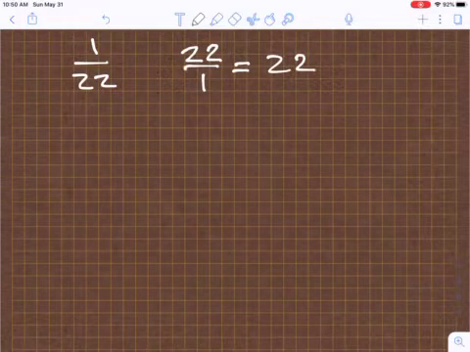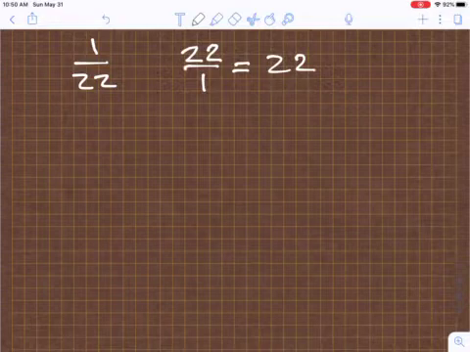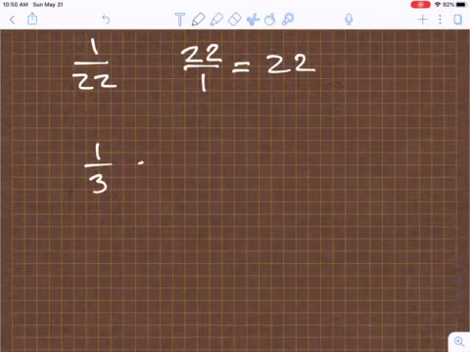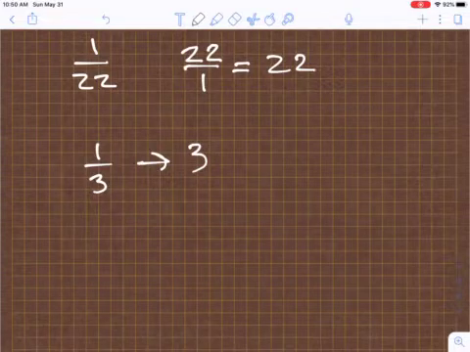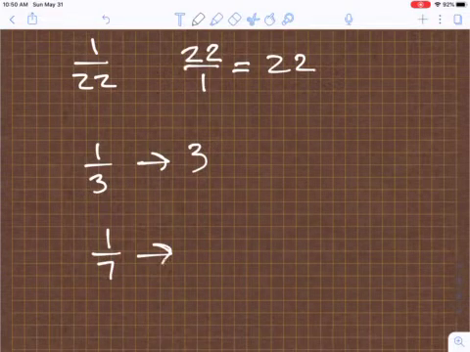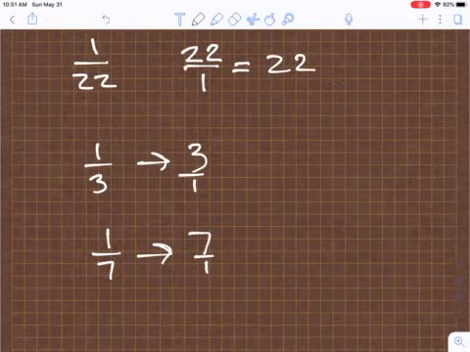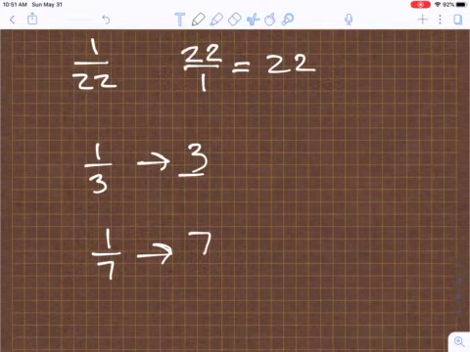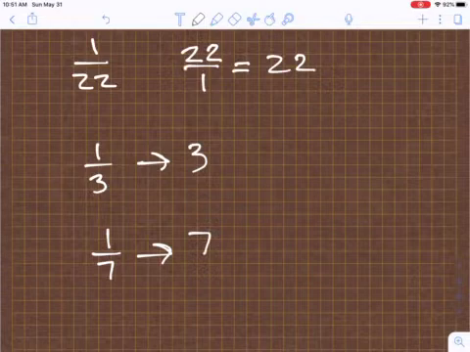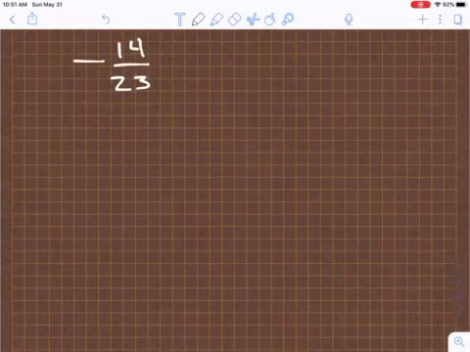Okay, it's a whole number. So the reciprocal of 1 over anything is always going to be a whole number. So the reciprocal of 1/3 would be 3. The reciprocal of 1/7 would be 7. All right, because we don't write them like that. We don't need to do that, right? So that's how those work.